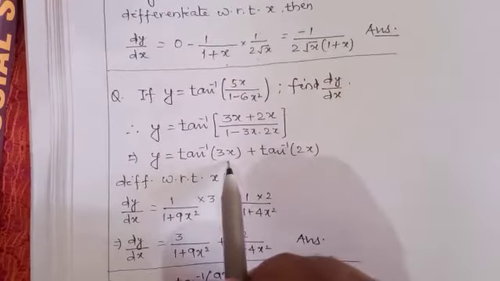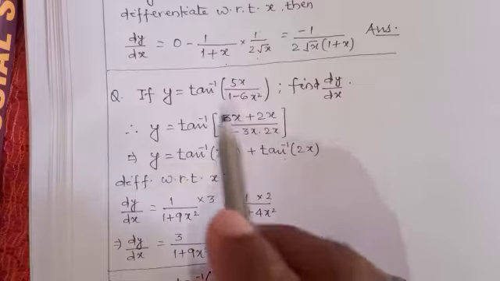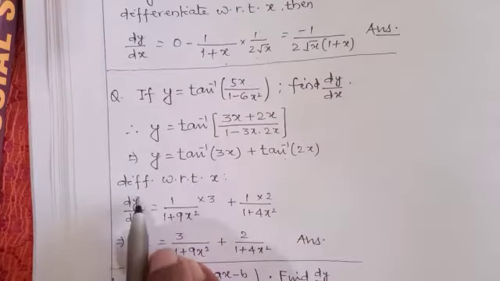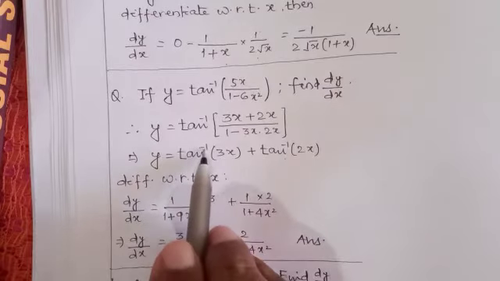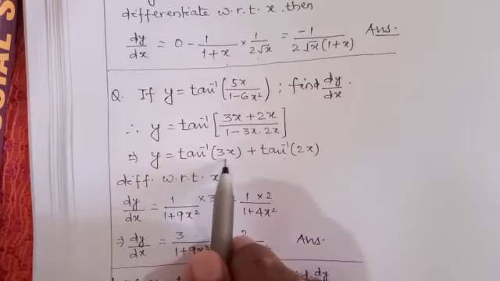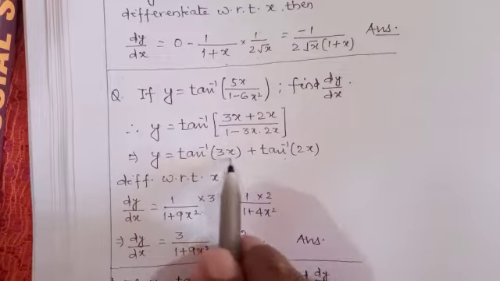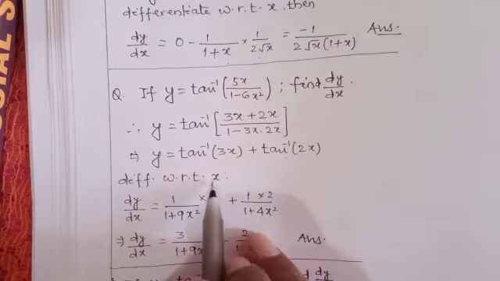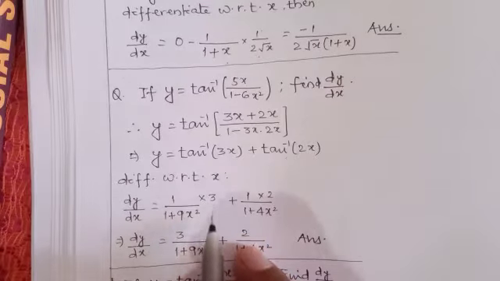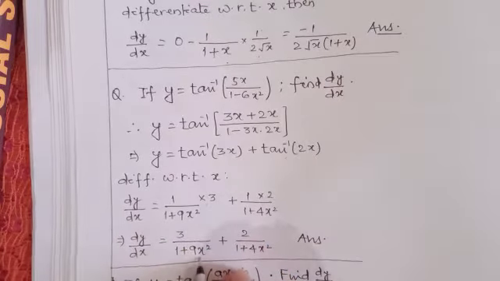Now differentiate again with respect to x. Differentiation of tan inverse x is 1 by 1 plus x square, so this should be 9x square, and differentiation of 3x will be 3. So 3 upon 1 plus 9x square.